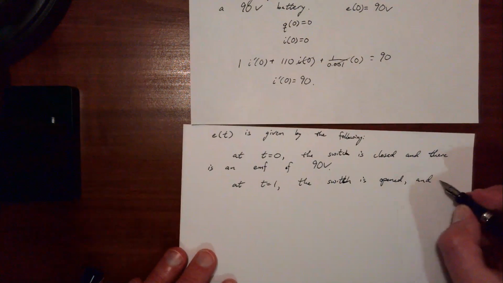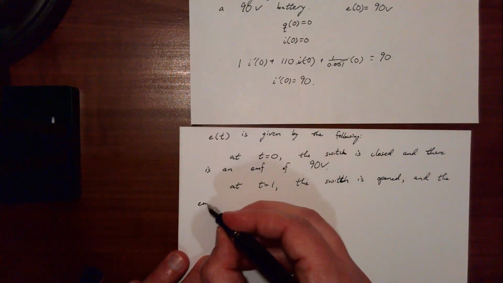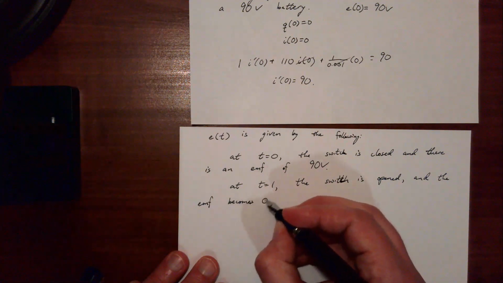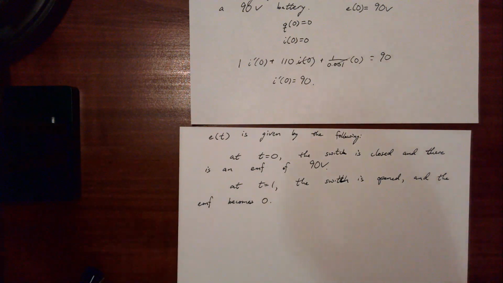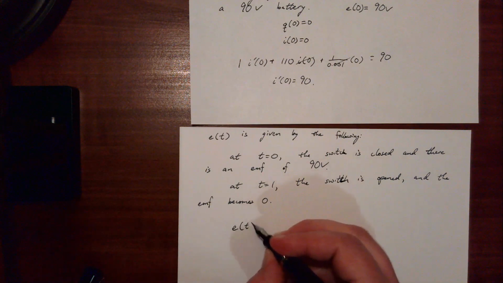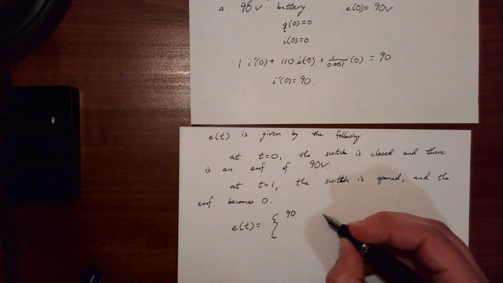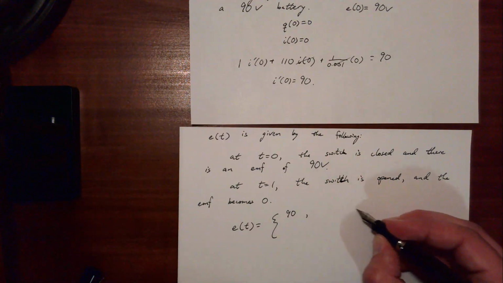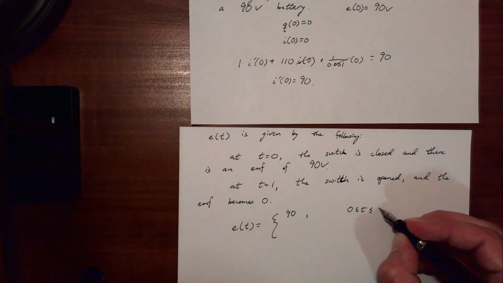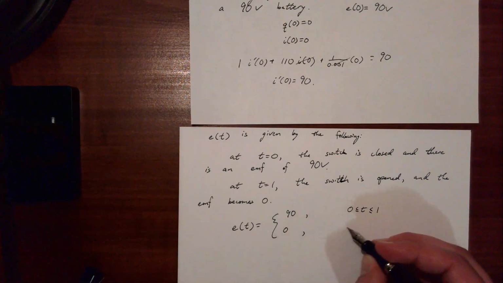And the EMF becomes 0. All right, well then what that means is E of t is equal to the piecewise function 90, and that's when 0 is less than or equal to t less than or equal to 1. And then 0 when t is greater than 1.